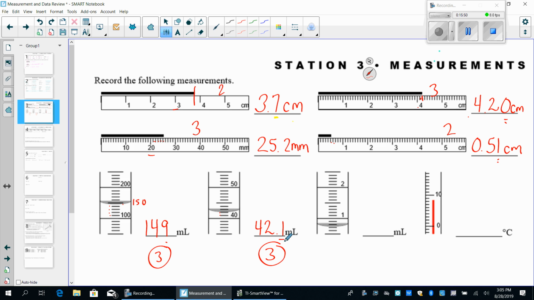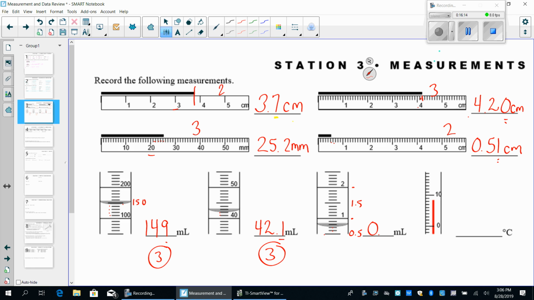For this one here, understand that your scale is showing between 1 and 2. So this long line would be 1.5, and then this longer bold line would be 0.5. So what you're going to be showing is 0 point, and it goes up. You know you're at 5. This is 5, this is 6, and this is 7.